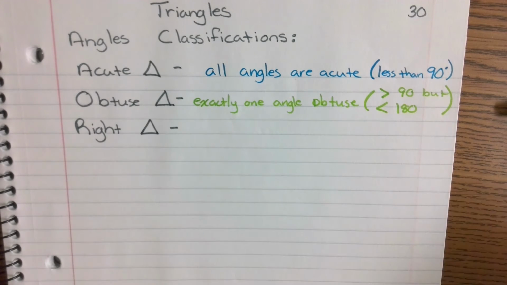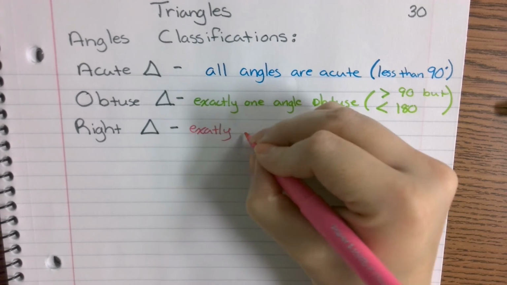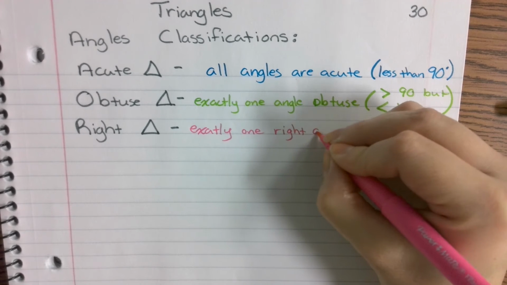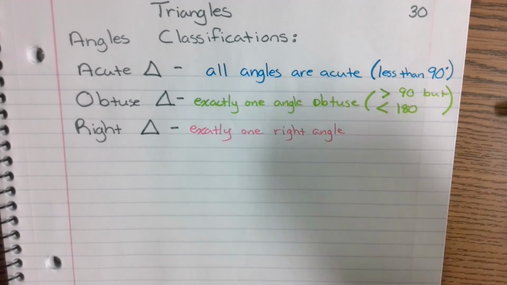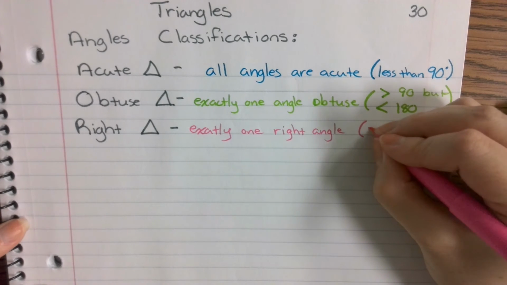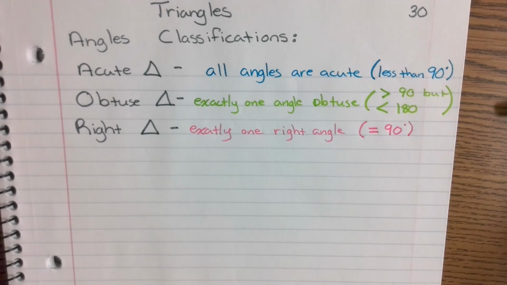With a right triangle, you have exactly one right angle, and a right angle is equal to 90 degrees. Again, you can only have one.